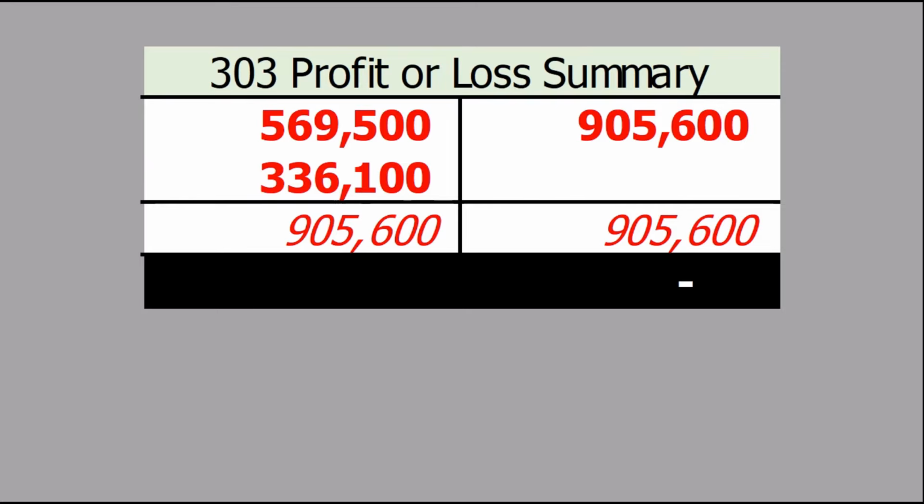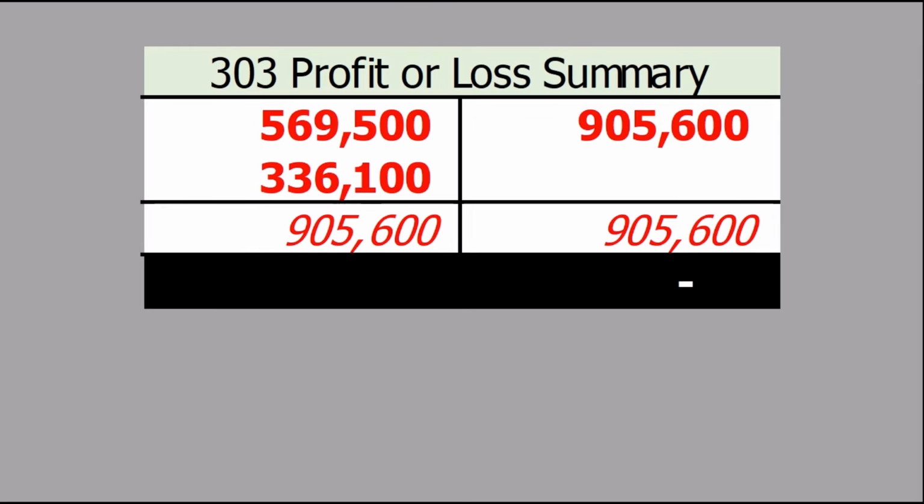Okay, so if we examine further, this is how your profit or loss summary T account would look like. The debit balance there of 905,600 is your revenue. And then the 569,500 will be your expense. And then the net effect of those two is 336,100, which was your net income.